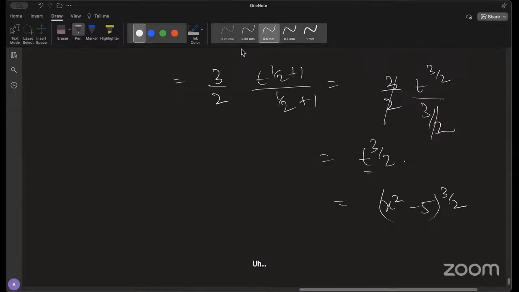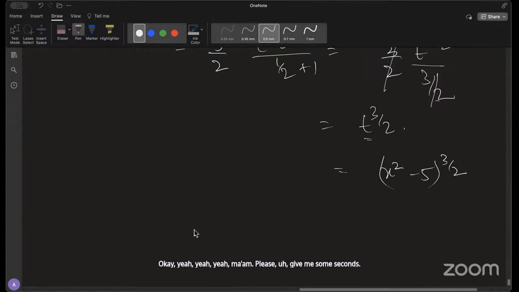That is question number 7, and it was based on log and composite functions. I don't have the question paper with me right now, so you'll have to dictate the question. Okay, give me some seconds.